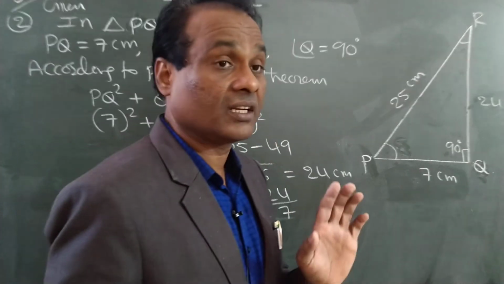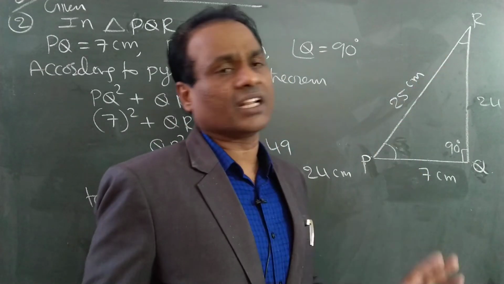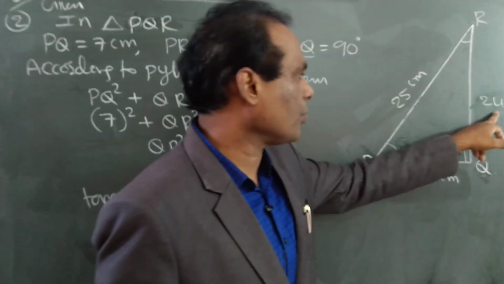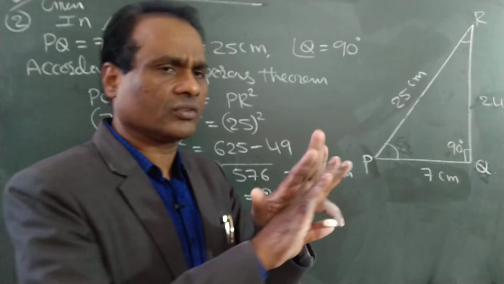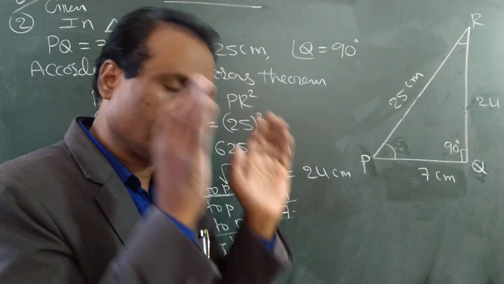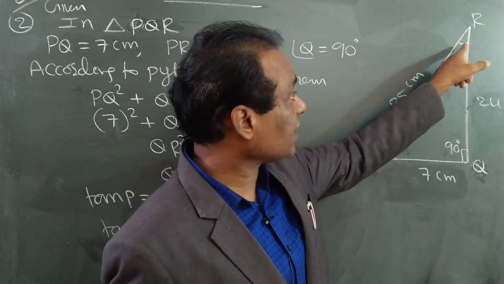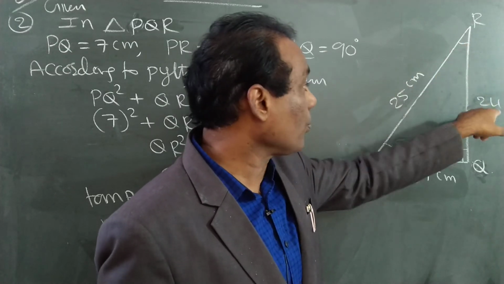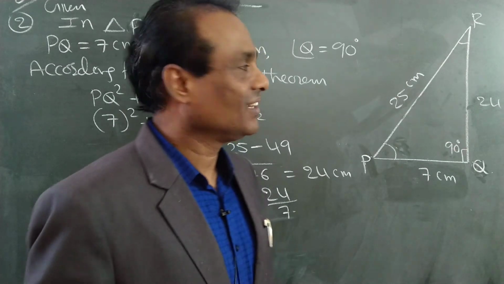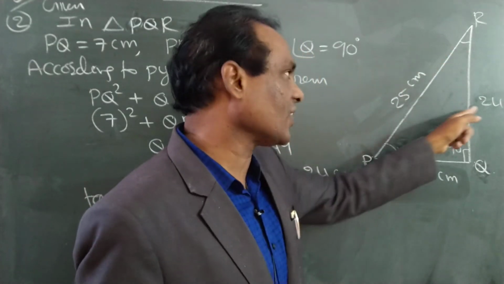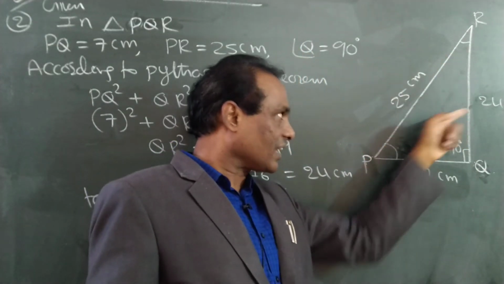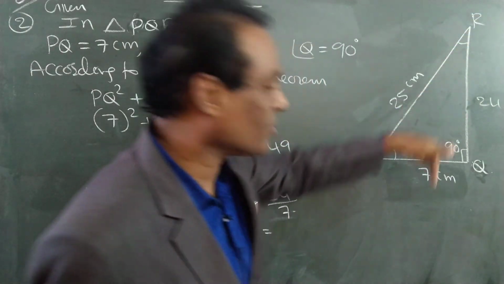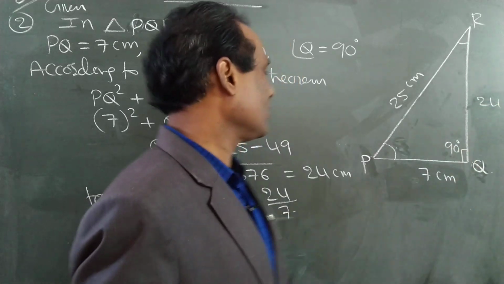I already told that when we are changing the angle, there is a little confusion. In most cases we take this angle only: this is opposite, this is adjacent, this is hypotenuse. But in some rare cases, as per the question, we need to take this other angle. In that case opposite and adjacent will change. If we take this angle, this will become opposite and this will become adjacent.